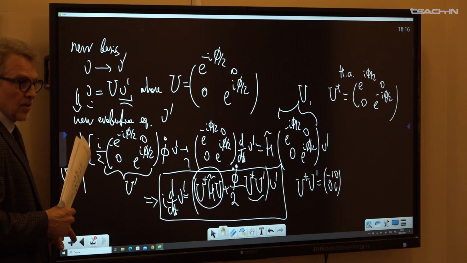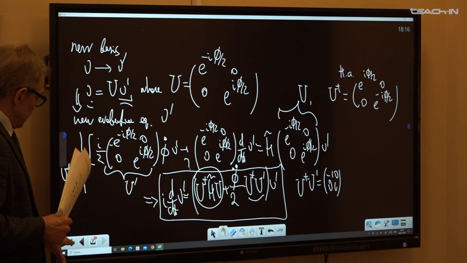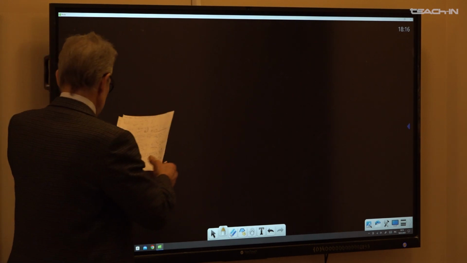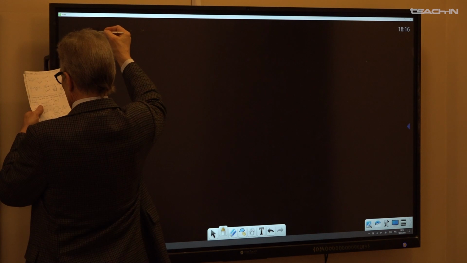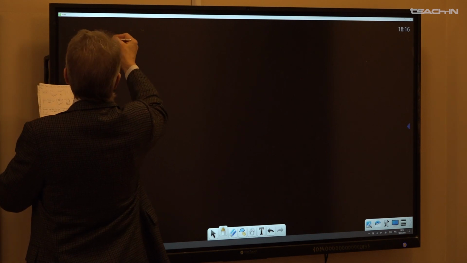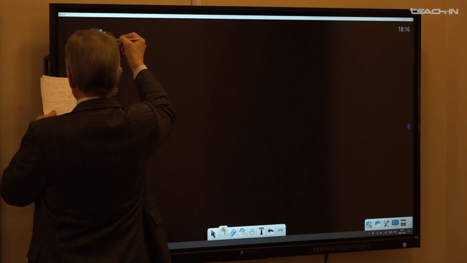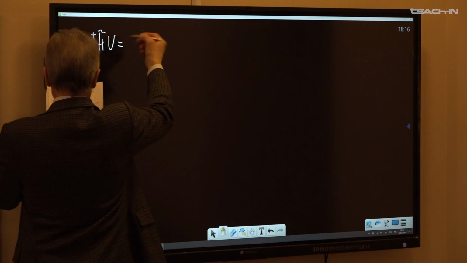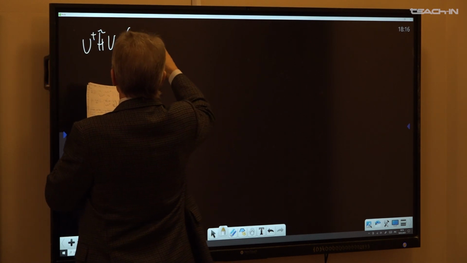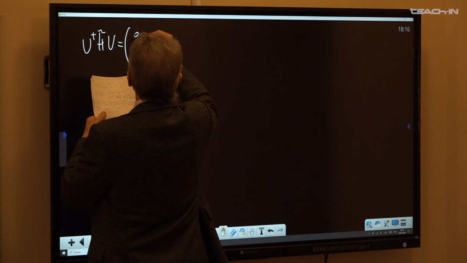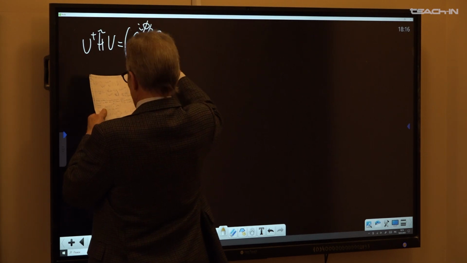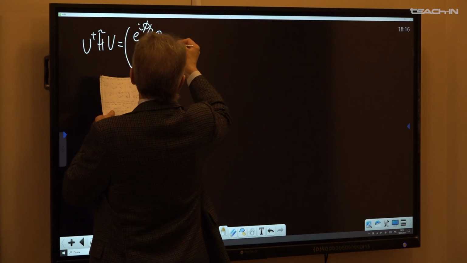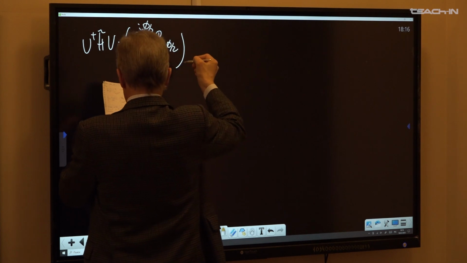Let's calculate U cross H wave U. Let's write explicitly what we have. Exponent i phi divided by 2, 0, 0, exponent minus i phi divided by 2.